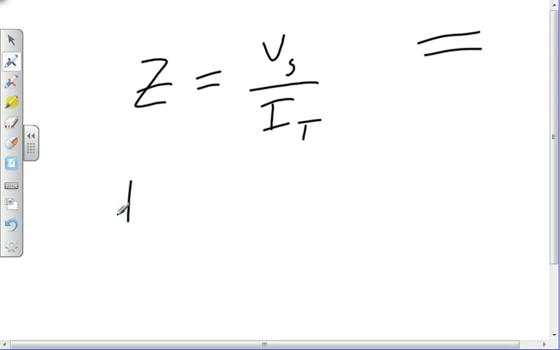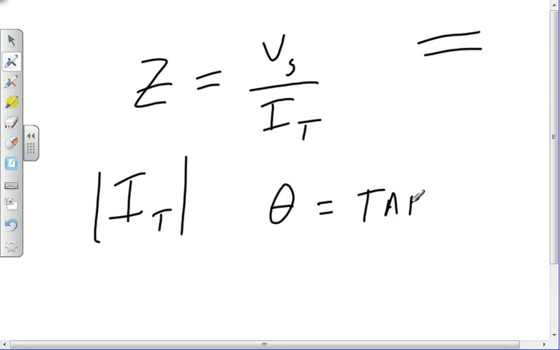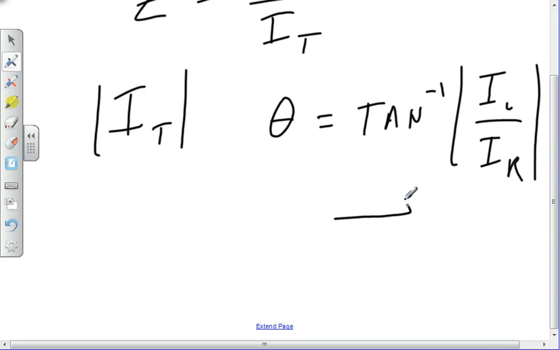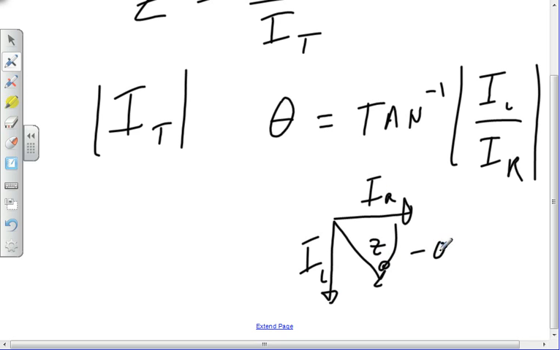My total current has a magnitude, but it also has an angle associated with it: the arctangent of the inductive current divided by the resistive current. It turns out my real current is that way and my inductive current is this way, so my Z is going to have a negative angle associated with it.